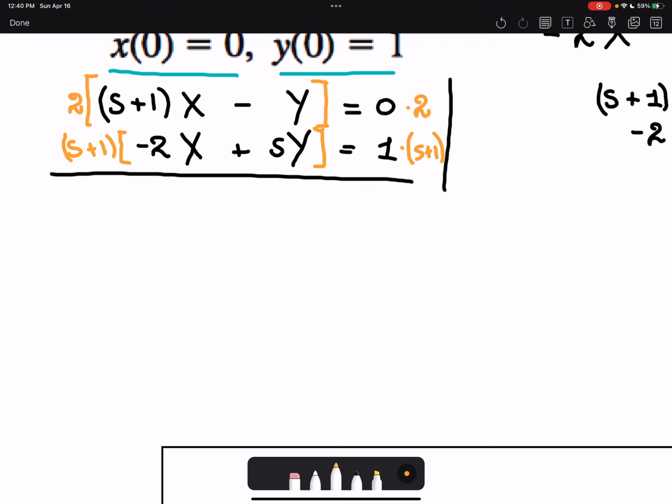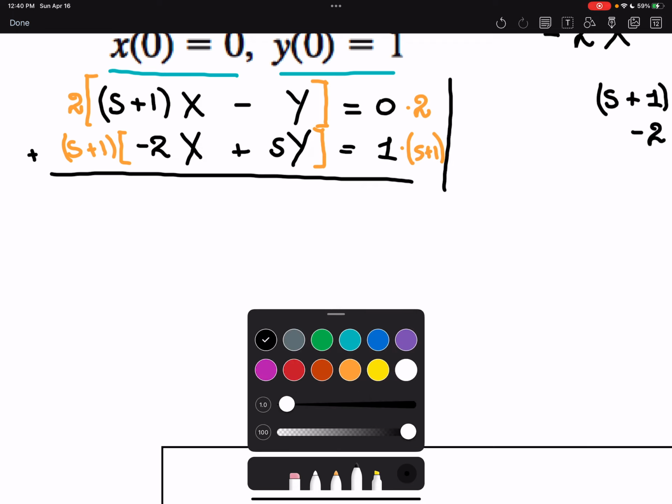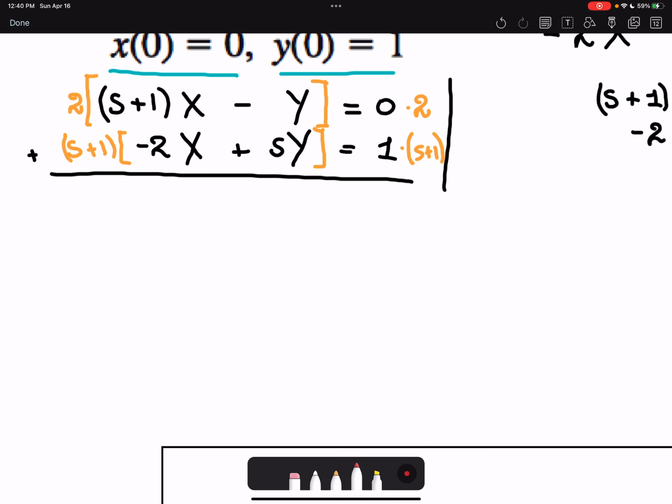And it's not just the first term, but the whole first left-hand side and the right-hand side. Just like that. Well, now that I have this, I can add them together, because as you see, when I multiply this, I get 2 times s plus 1 x and minus 2 times s plus 1 x. So when I add them together, that term is going to cancel out. So I can just say that this term right here will cancel out.